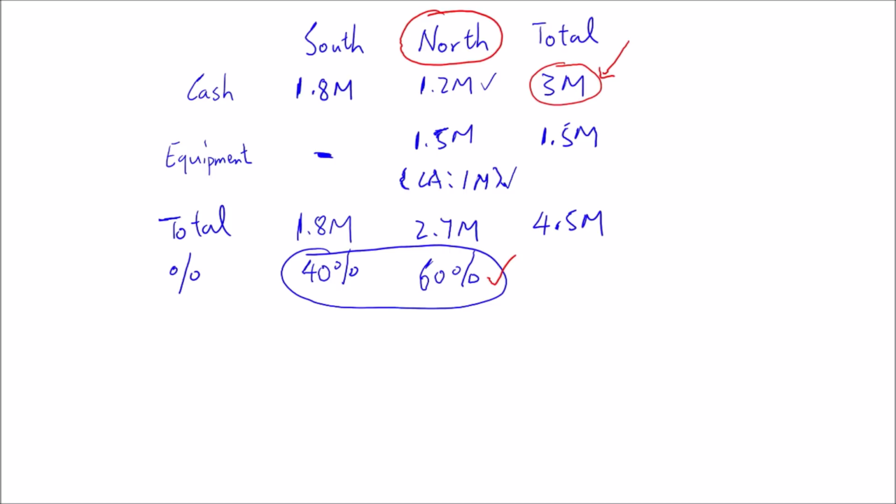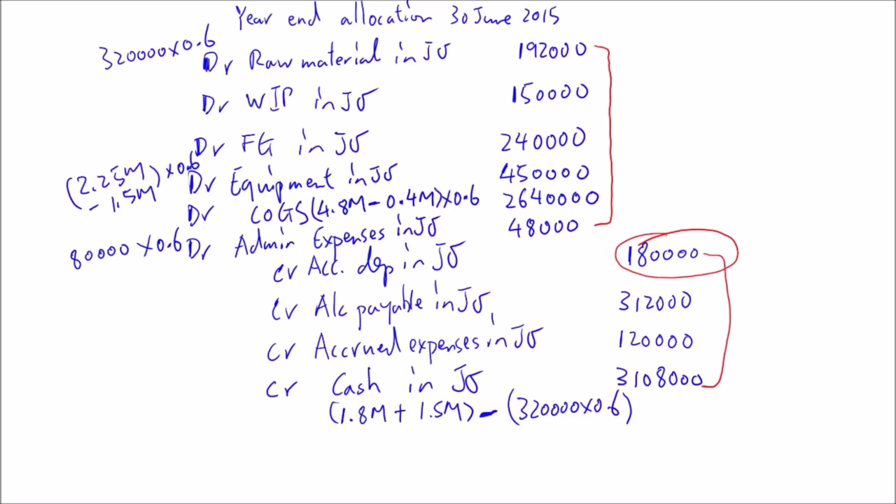For this one, as you know, we are looking at North Limited, and they are the one who contribute the equipment. And there is a difference between the fair value and also the carry amount, which means that we are going to need to remove the excess depreciation recognized by the North Limited. But very importantly, you cannot use the number here for calculation.